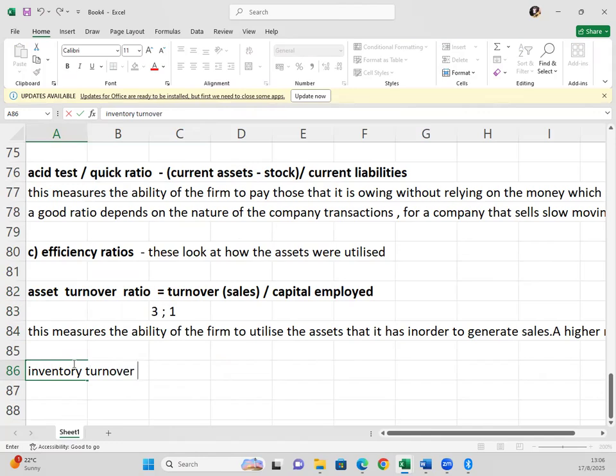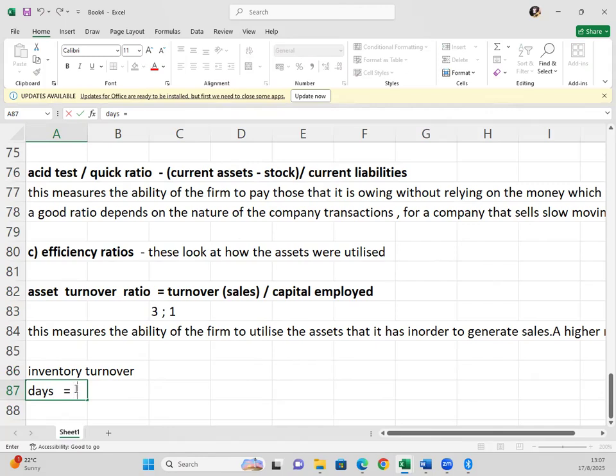So inventory turnover can be calculated in two ways. It can be calculated in days or it can be calculated in times. So let's start with days. If it's in days, we are saying, how long does it take after you've bought inventory before selling that inventory? If you buy inventory as a business, the aim is to resell it.